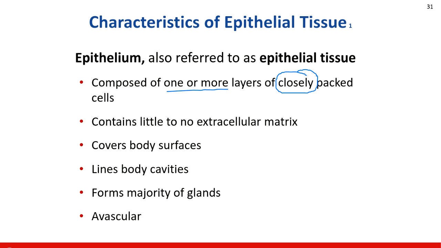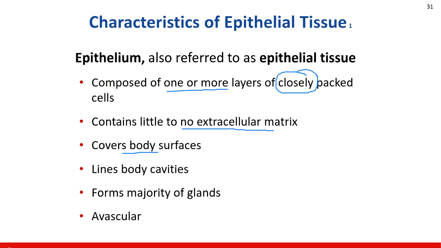So they virtually contain almost no or very little extracellular matrix. So what is extracellular matrix? That means ground substance, protein fibers. Okay? So where we find some of this epithelial tissue is we're going to find it on top of body surfaces.